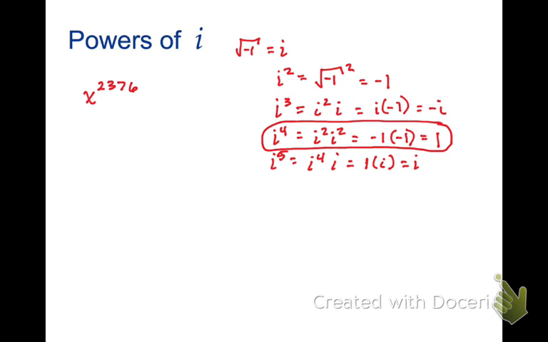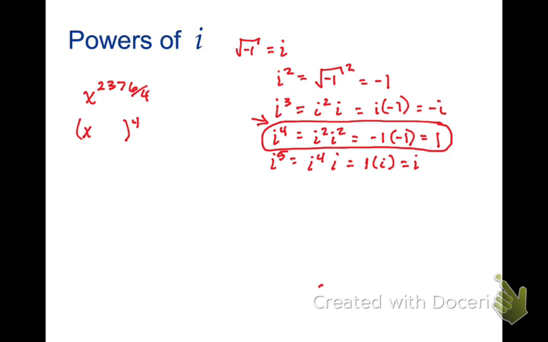I don't think you want to write out 2,376 of them, do you? No. So I'm going to divide this power by 4, because that's the great one to have. I'll have i to the 4th to something when I'm done, because 4 times would give me back to it.